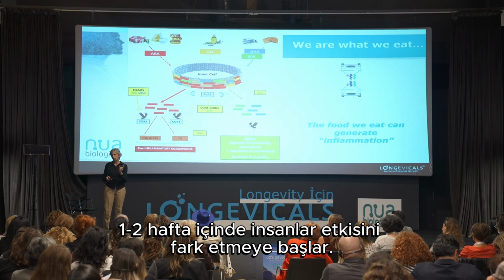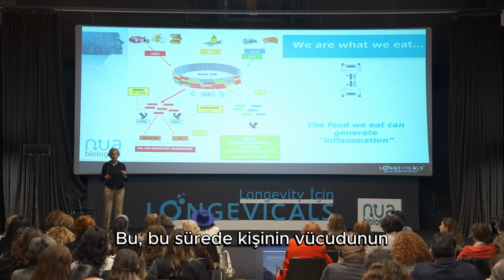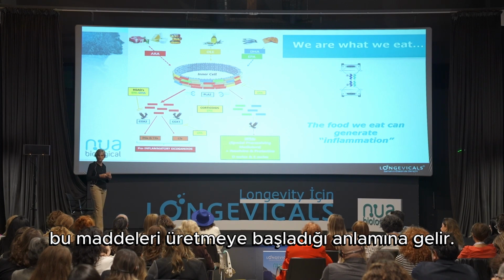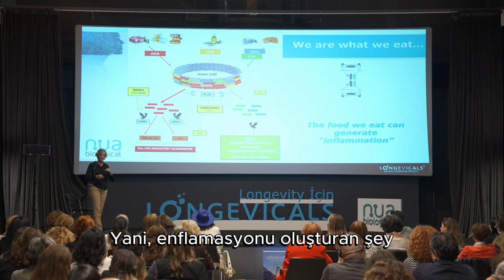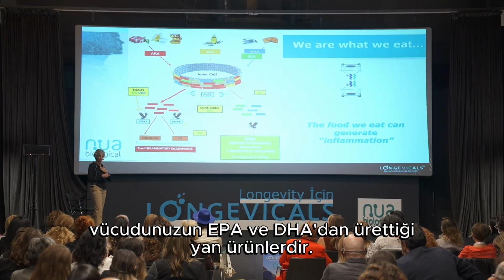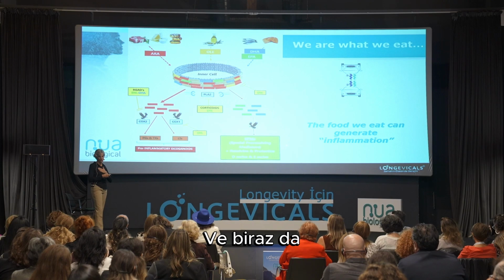In 1-2 weeks, people notice the effect already. So that means that by that time, the body of that person is producing these substances. The one creating the anti-inflammation is actually the byproducts that you manufacture in your body from EPA and DHA.